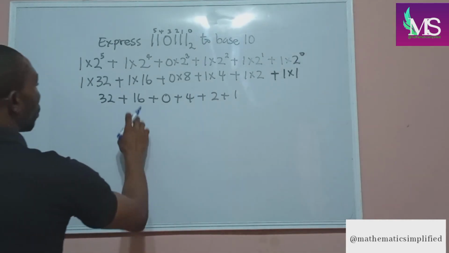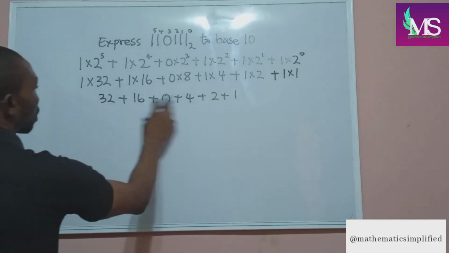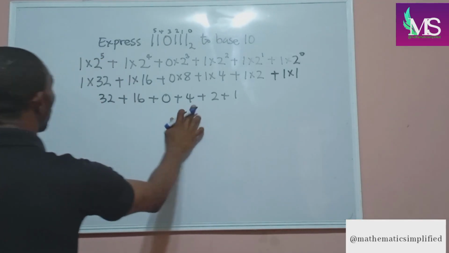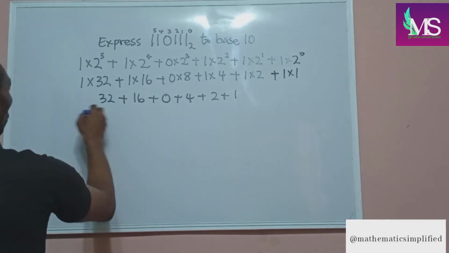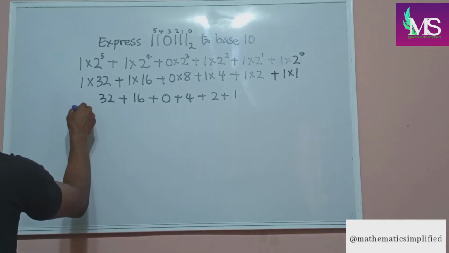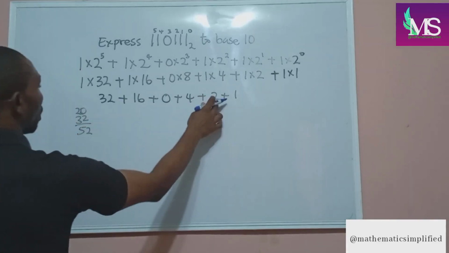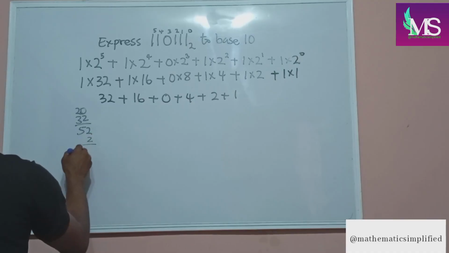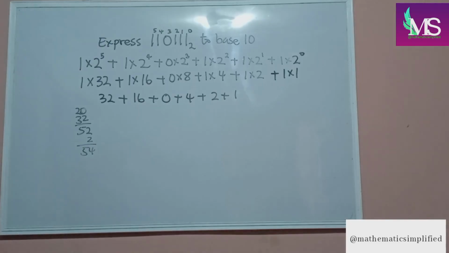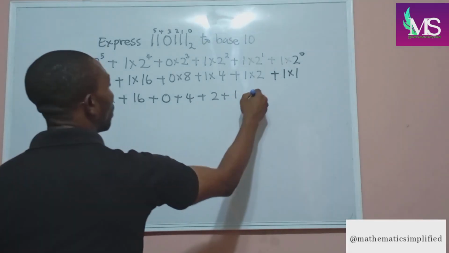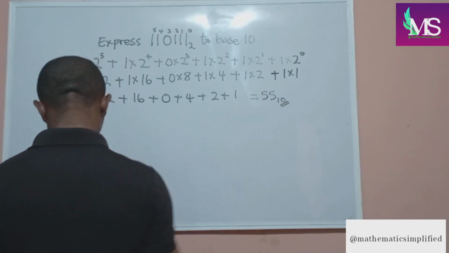Now adding this up, 16 plus 4 will give us 20, 20 plus 32 will give us 52, plus 2 will give us 54, plus 1 will give us 55. So our answer will become 55 base 10.